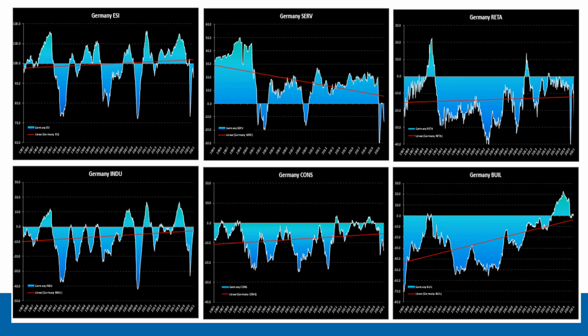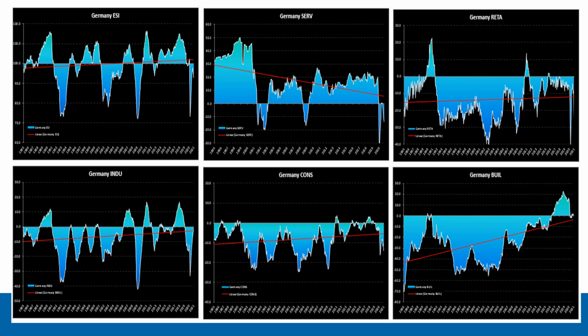And then the service sector recovered very quickly and then stayed recovered in terms of positive sentiment all the way up until 2020, which can't be said for the German manufacturing sector, which exhibited periods of negativity even during the 2013, 14, 15 period.